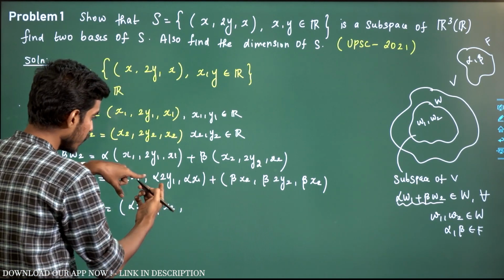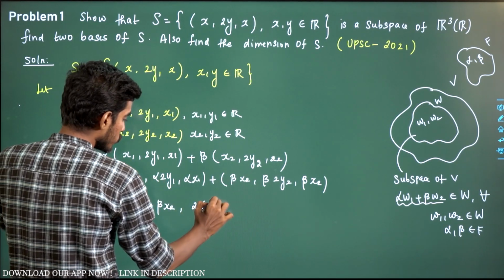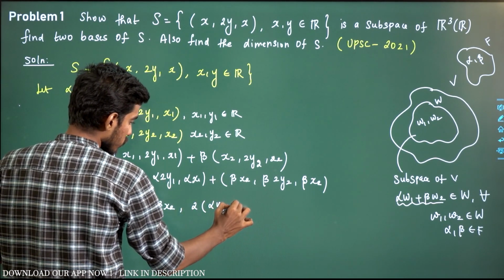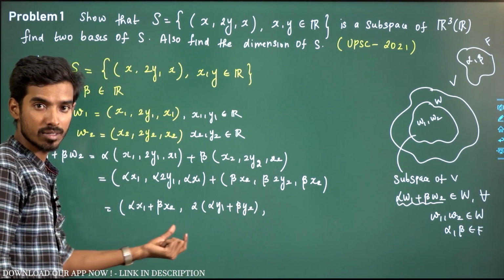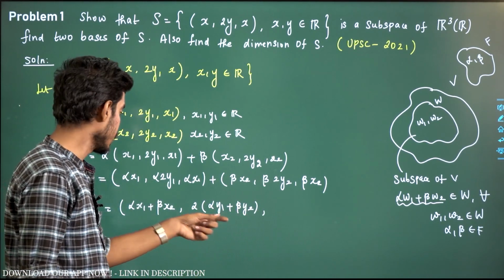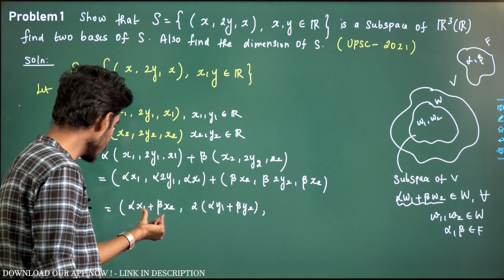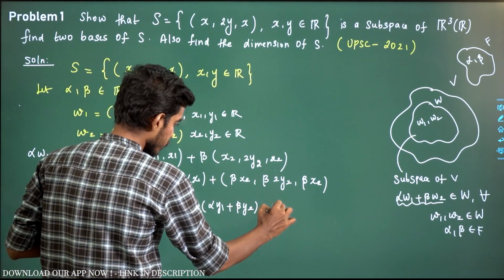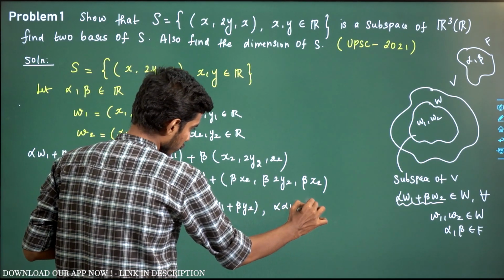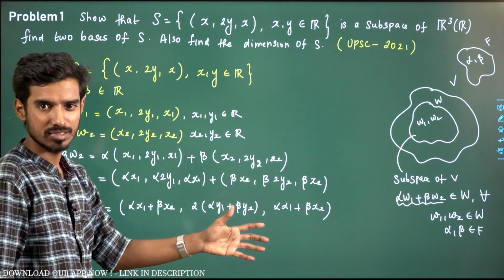If I take 2 outside, the second element is alpha times y1 plus beta times y2. And the third is alpha times x1 plus beta times x2.